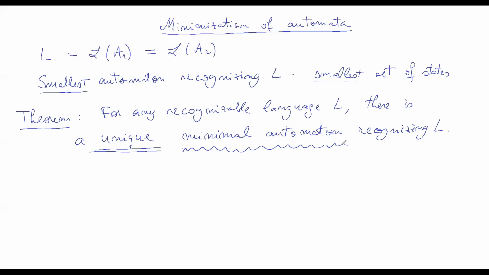But keep this in mind that, once you got the minimal automaton, there are many methods to build this, but the result is always unique. There is a single one recognizing that language. And if you think about it, it's not obvious that the minimal automaton should be unique, but this is true.